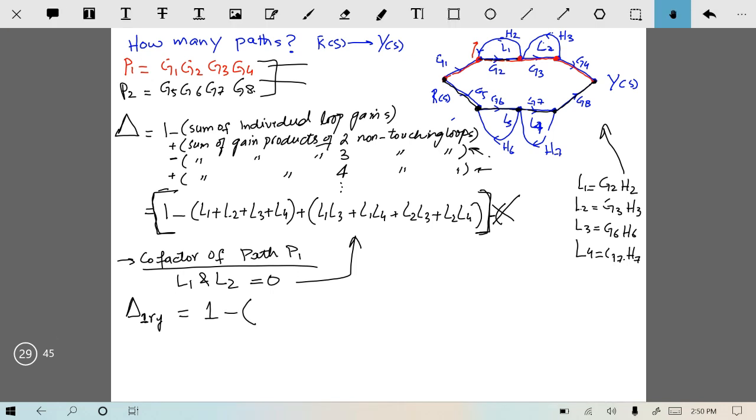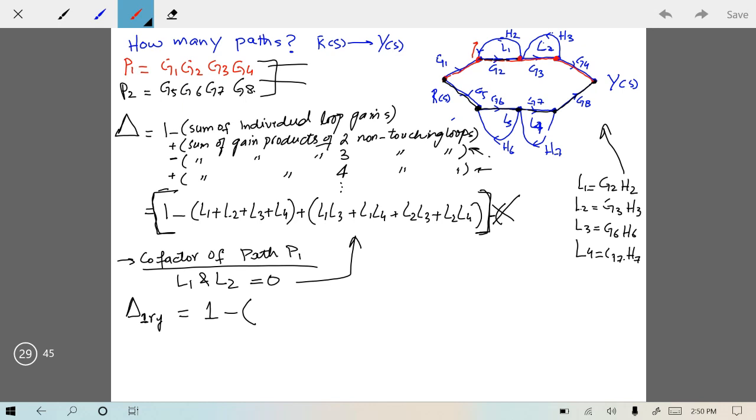when you are finding the cofactor for path P1, then L1 would be 0, L2 would be 0, L1 L3 would be 0 due to L1, L1 L4 would be 0, and L2 L3 too. So it would be simply 1 minus L3 plus L4.